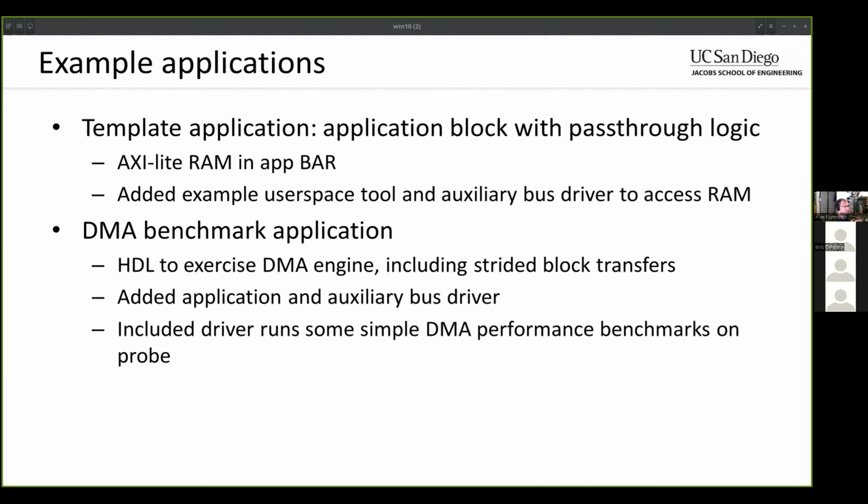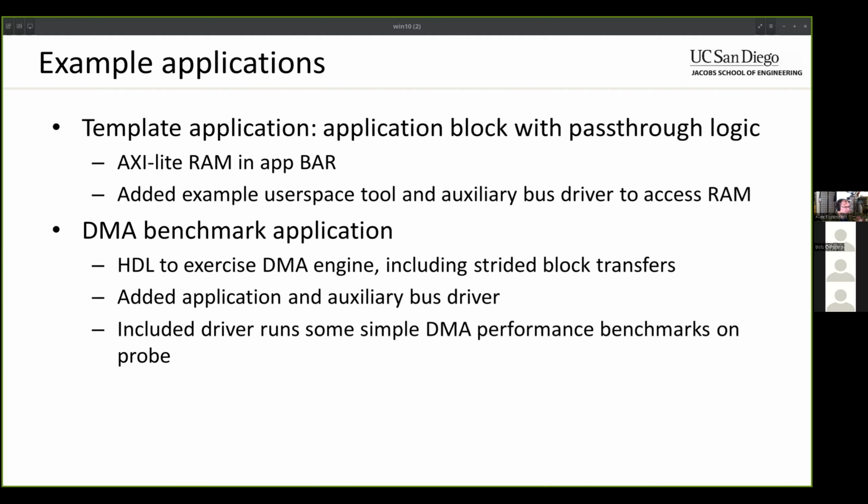And then we have the DMA benchmark application. This one has been kind of on the back burner for a while. I wrote it a long time ago, and I've been keeping it up to date with changes and whatnot. So all I need to do for this is get basically the driver part working, and then put it in the repo.